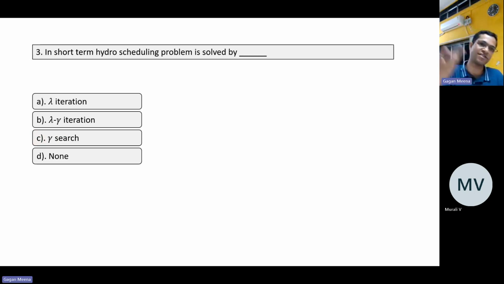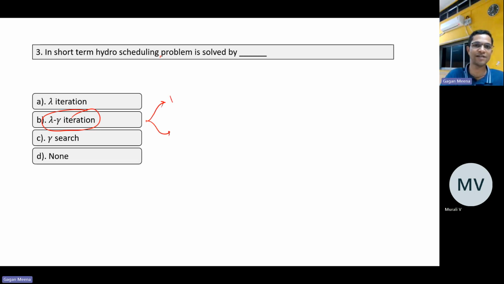Yeah, this also we have discussed. In short term, the hydro scheduling problem is solved by lambda and gamma. Because there are two equality constraints.